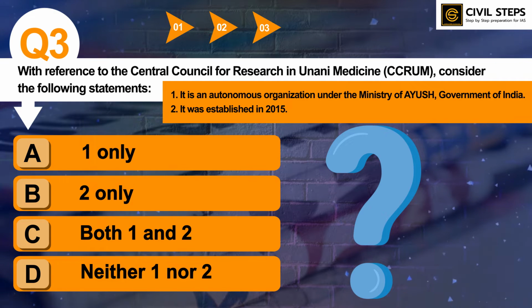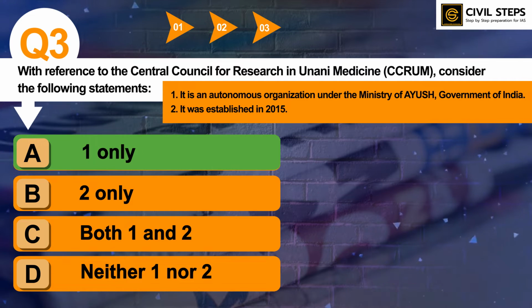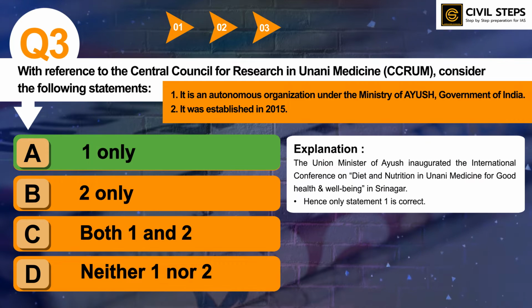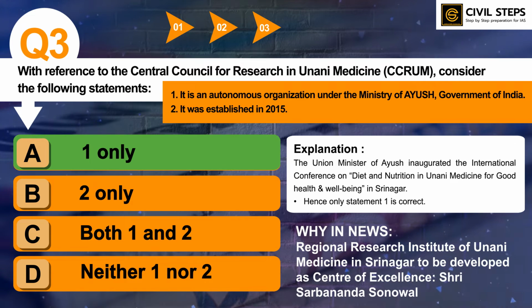The correct answer of this question is option A, 1 only. The Union Ministry of Ayush inaugurated the International Conference on Diet and Nutrition in Unani Medicine for Good Health and Well-being in Srinagar. So statement number 1 is correct and second is incorrect. This was in news because Regional Research Institute of Unani Medicine in Srinagar is to be developed as a Center of Excellence.